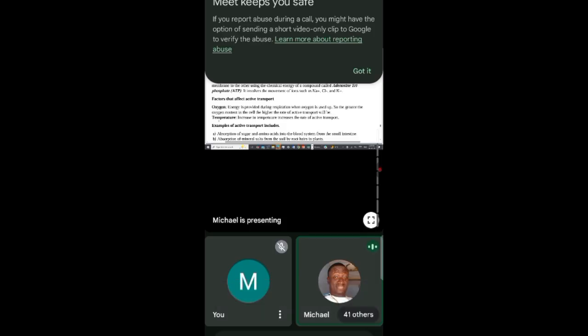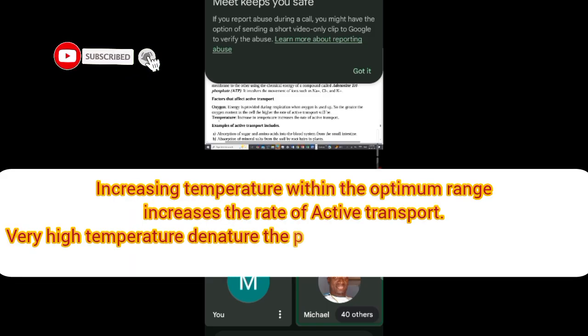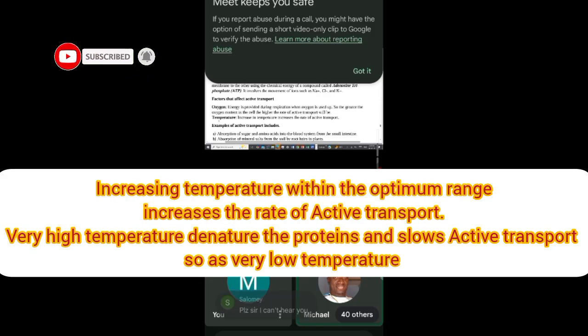It's like pushing a car that is already started. Once it's started or you put it on neutral, it easily flows. When it's in gear, pushing that car becomes very difficult. So the temperature being added is like taking the car to neutral gear, whereby you can easily push it along. So that is how temperature affects the rate of active transport.